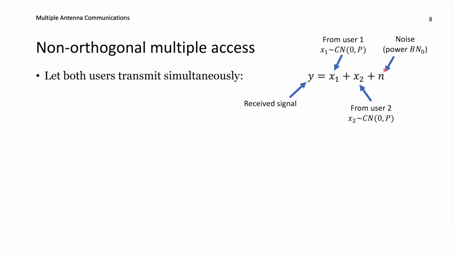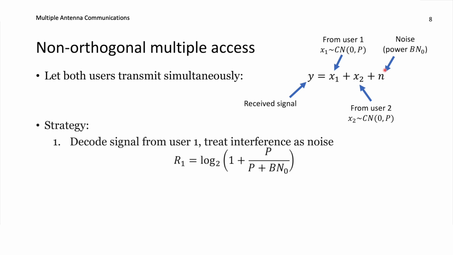So how can we deal with a signal like this? What can the receiving base station do? Well, here's a strategy. It can focus first on user 1, and then X1 is the signal of interest, and X2 and N are interference and noise. Both of them are Gaussian distributed, the noise, which is natural like that, but also the interference, because that is the type of transmission that we selected.